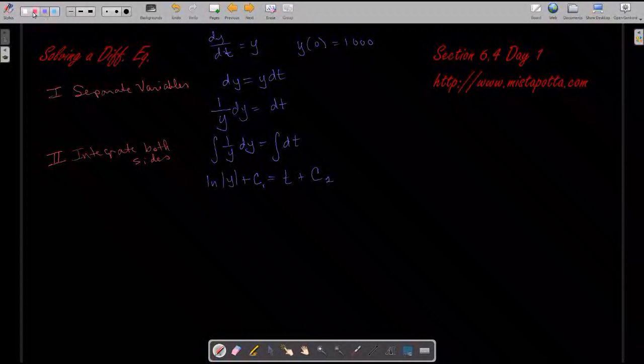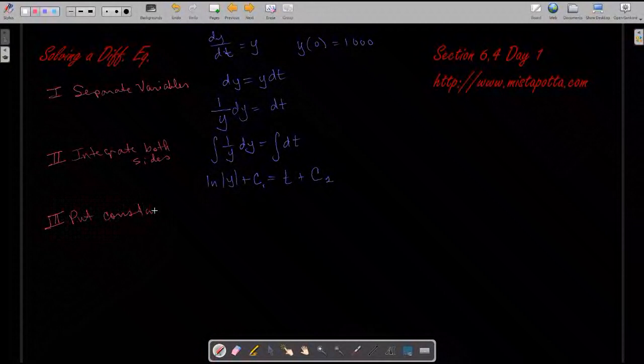But what's really going to be helpful is if I put my constant with the independent variable.